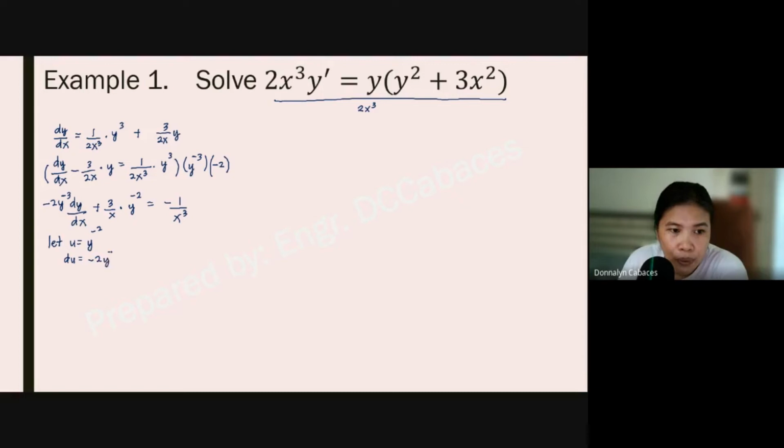Negative 2 y to the negative 3 dy, which is actually this on the first term. So you have now the derivative of u with respect to x plus 3 over x times u is equal to negative 1 over x cubed. And now this is our standard linear form, linear in the variable u.